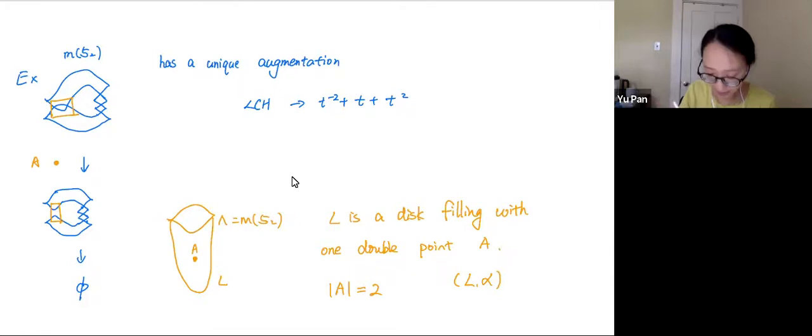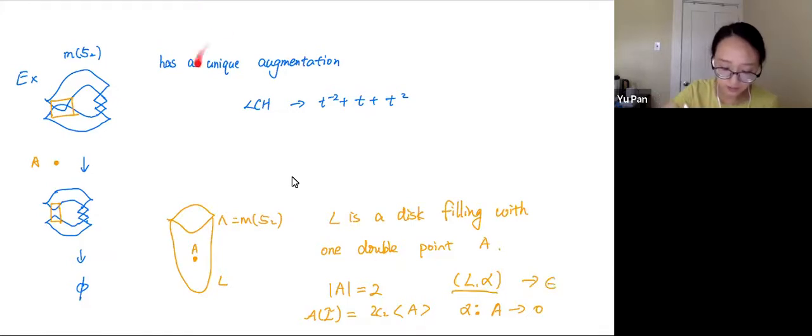Because L tilde has one double point, the algebra of L tilde is generated by a single generator A, and it has a unique augmentation, which sends A to 0. So that is the augmentation here. With this pair, we can induce an augmentation, and since the knot has a unique augmentation, we know the augmentation comes from this immersed filling.